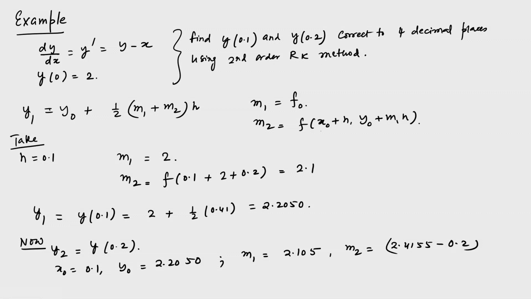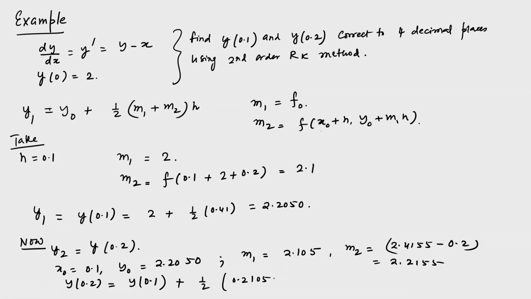Okay. So, this y2, which is y at 0.2, becomes equal to y at 0.1 plus half and 0.2105 multiplied by h. So, this becomes equal to 2.2155.